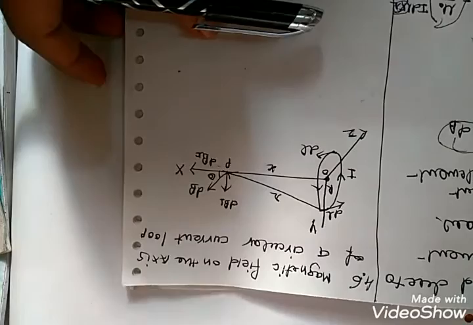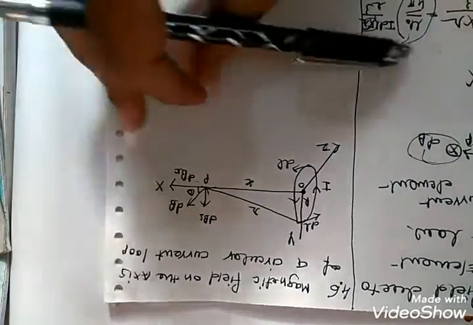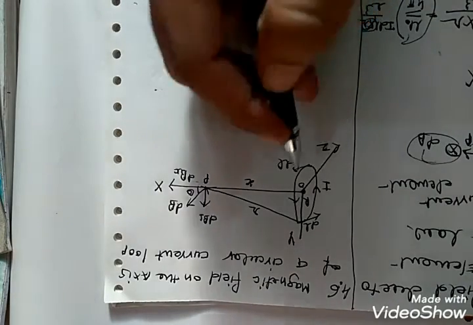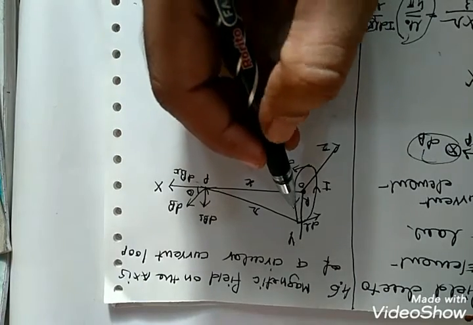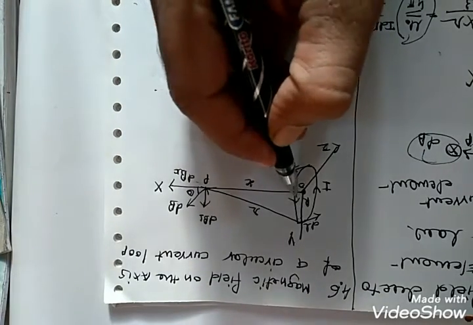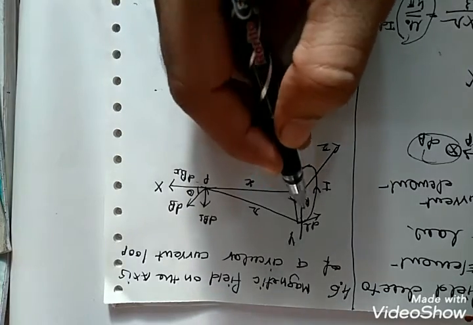Today's topic is 4.6, magnetic field on the axis of a circular current loop. Here, a circular current loop carries a steady current I, and this represents the direction of current.